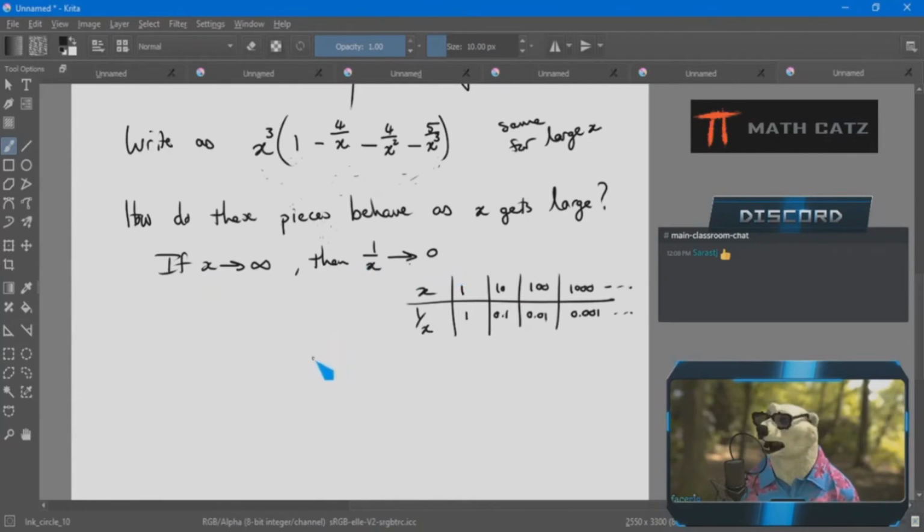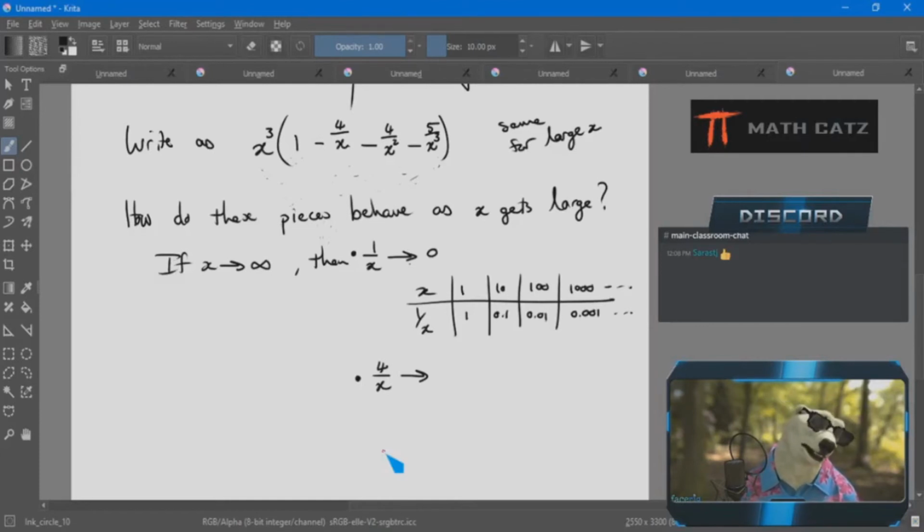So now, does it matter? That's 1. I want to make a list here. Does it matter if it's 4 over x? Does that affect the behavior at all? If x gets bigger, now x is as big as you can imagine, and then bigger. There is no limit. There's no end to x.